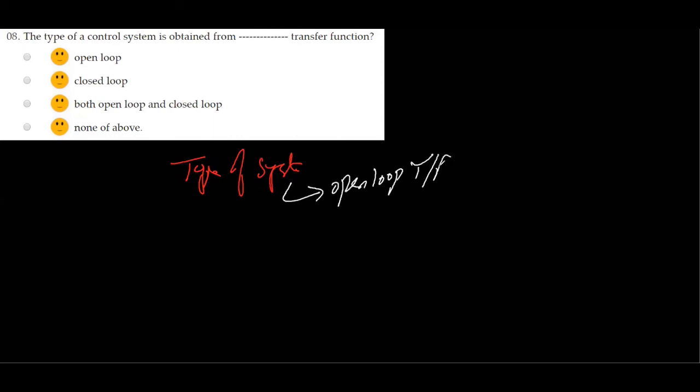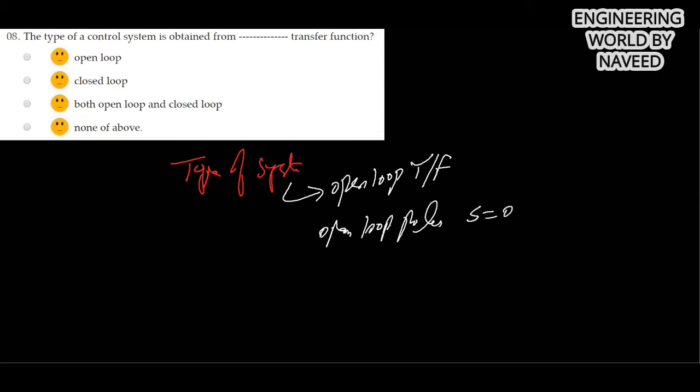Okay, next MCQ: the type of a control system is obtained from which transfer function: open loop, closed loop, both open and closed loop, none of these. So actually the type of the system is obtained from the open loop transfer function, and the number of open loop poles occurring at the origin, where s is equal to 0, gives us the type of the control system.